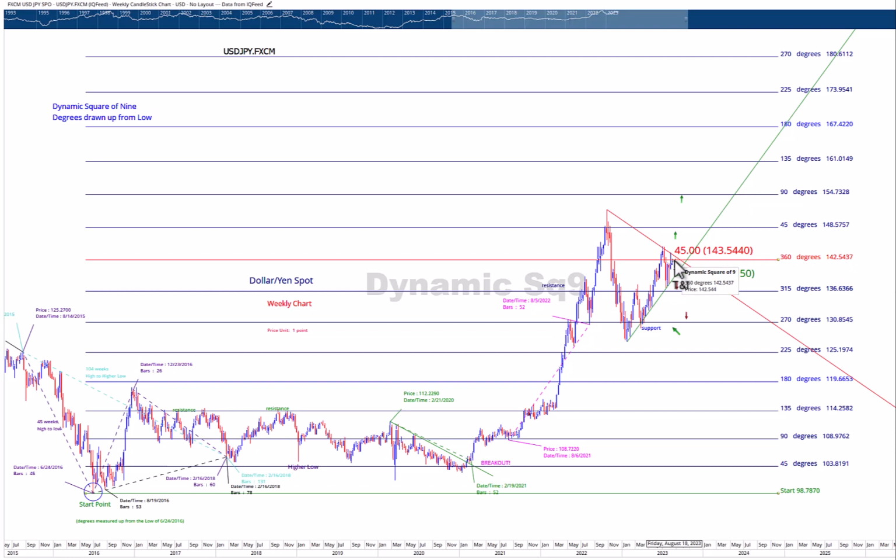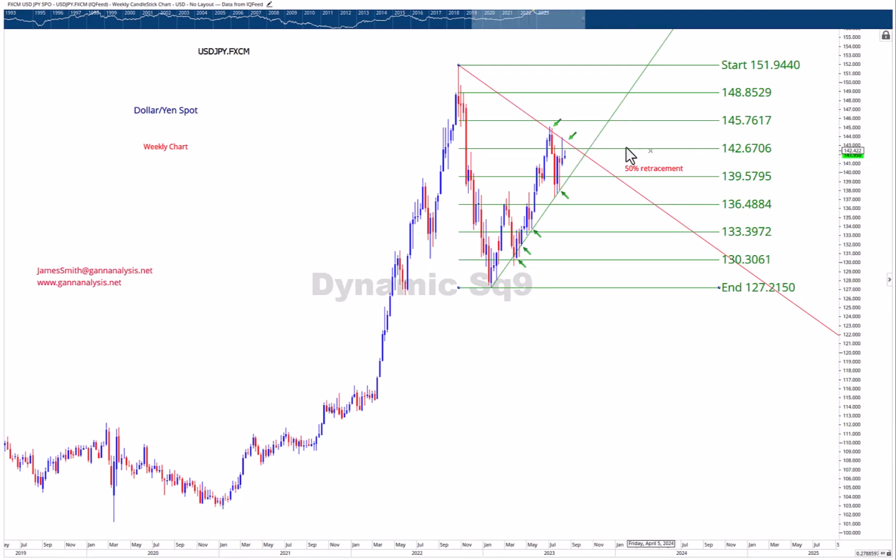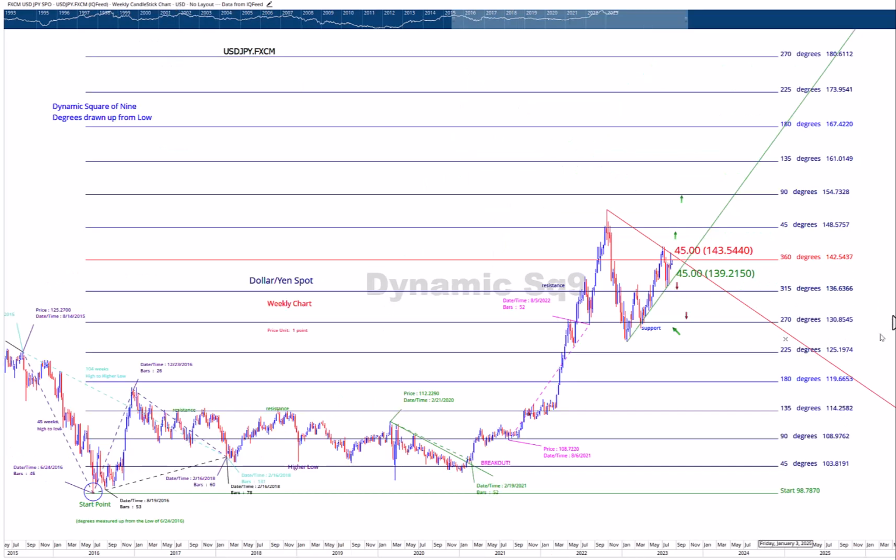So here we have three things going on. We have the Gann lines, which I've shown you. We have the division of the range, which I already showed you on that prior chart, right? Here's the division at 142.67. And we have the square of 9, 360 degree line at 142.54.